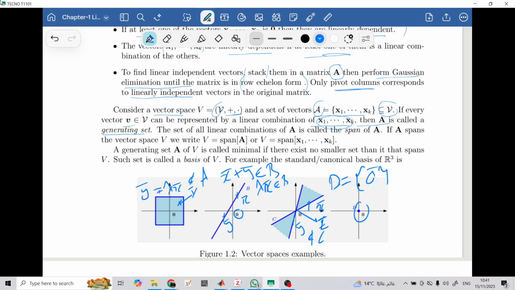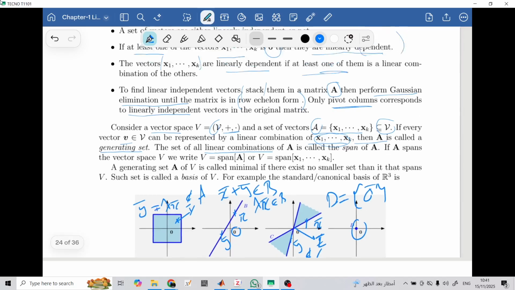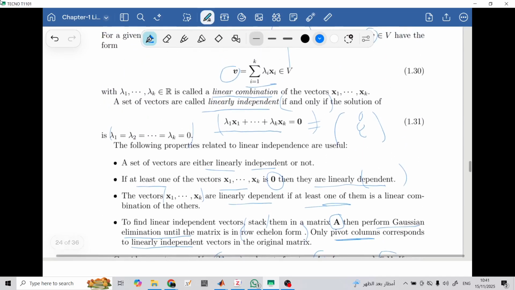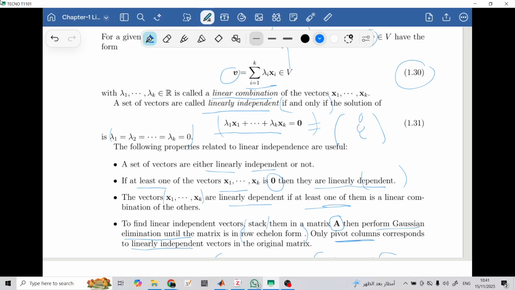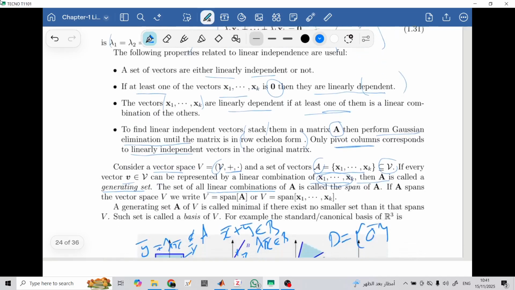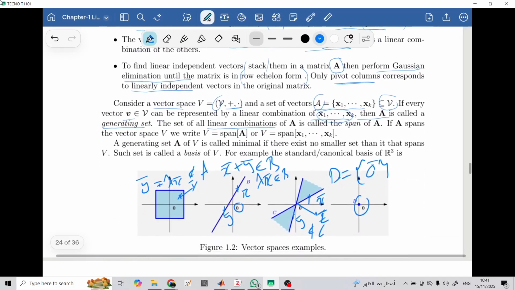Now the set of all linear combinations of A, meaning we go back to equation 130 here, so any linear combination of those vectors, is called the span of the set or the span of the matrix.